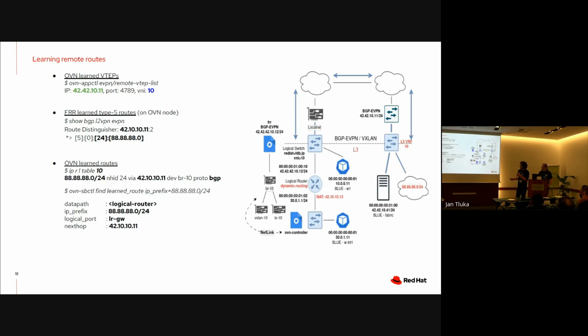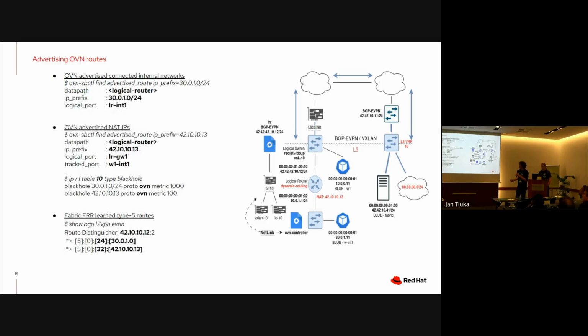And that translates to a route in the kernel that's in table 10 that OVN controller monitors, and then it creates a learned route in the southbound database. And you saw other presentations about how that part works. So it just works out of the box. We didn't have to change anything. So that means this router now knows how to reach 8.8.8.8. Now, for the advertising part, depending on the configuration, you can advertise the connected networks connected to this logical router.